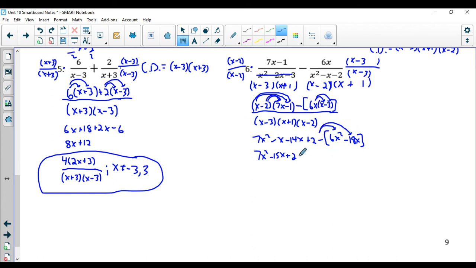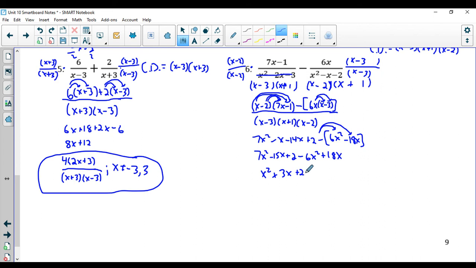So we'd have minus 6x squared plus 18x. We'll combine our like terms now. 7x squared minus 6x squared is just 1x squared. Negative 15x plus 18x is positive 3x. And then we have just a plain old 2 here.